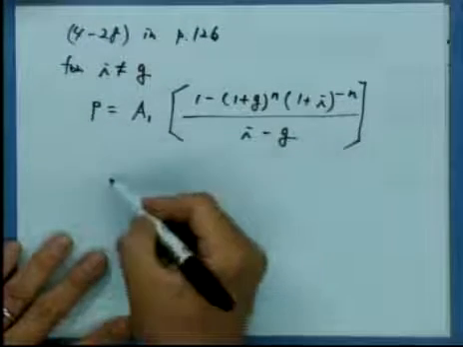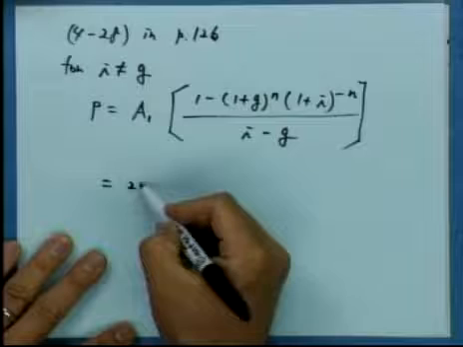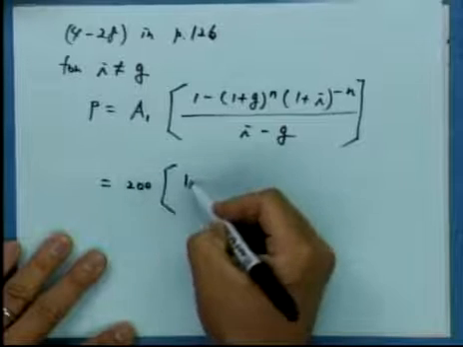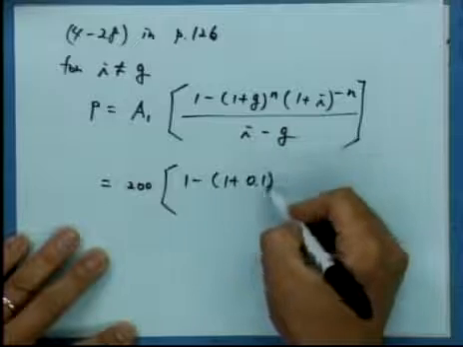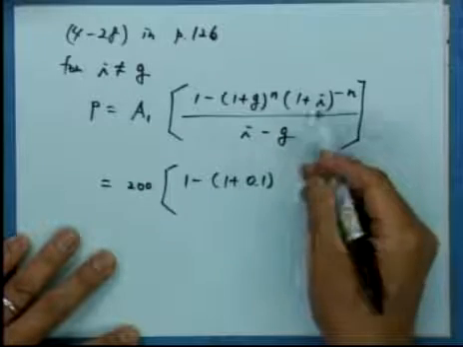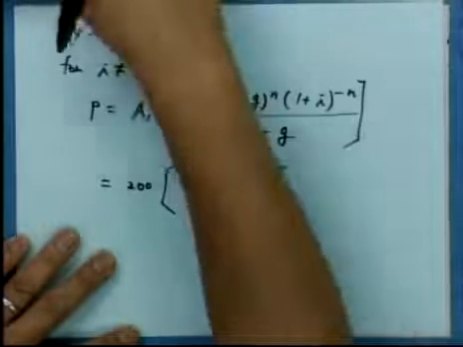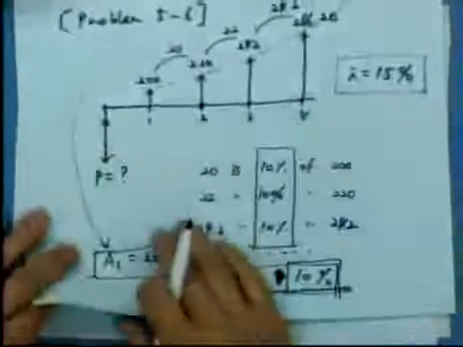So here we know that A1 is 200, 1 plus G is 1.1, N is 4 periods, right? From 0 to 4, right?